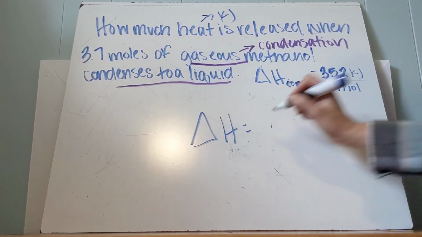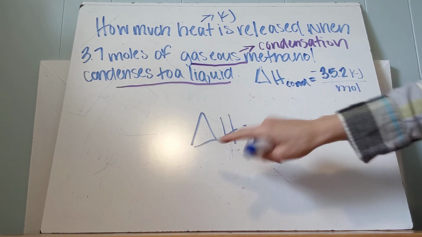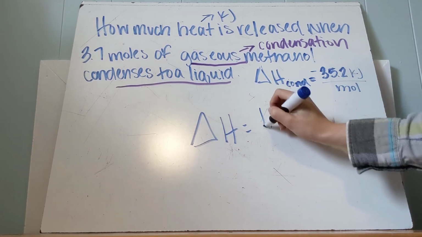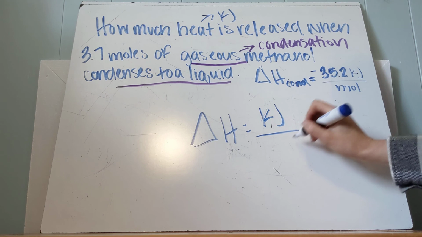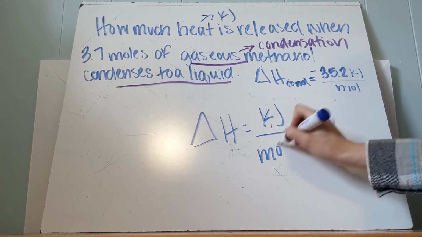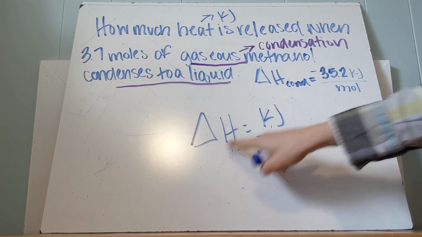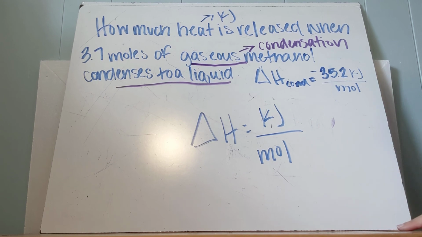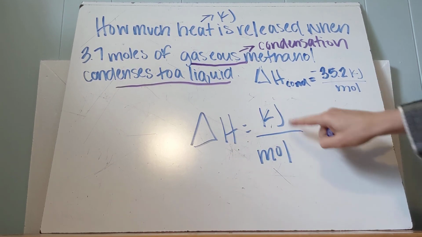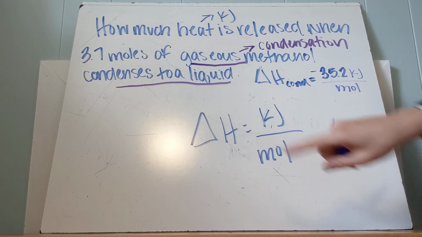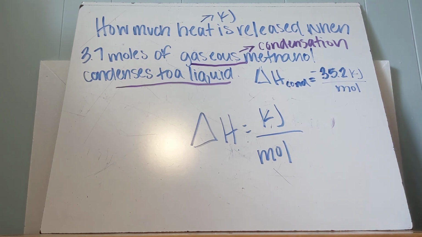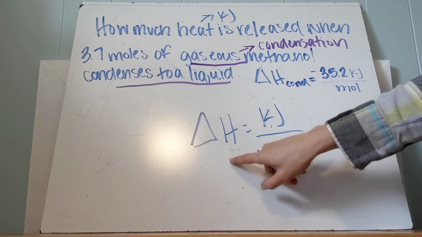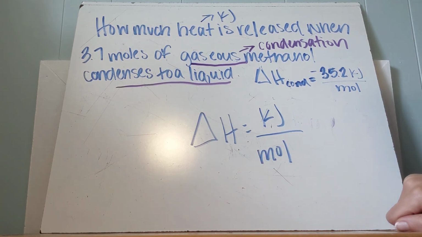In all of the problems that we do, we are going to have three basic factors: delta H, kilojoules, moles. You will be looking for one of them. More than likely, you're not going to be looking for delta H because it's a constant. More than likely, you're going to be given delta H, just like we were here.